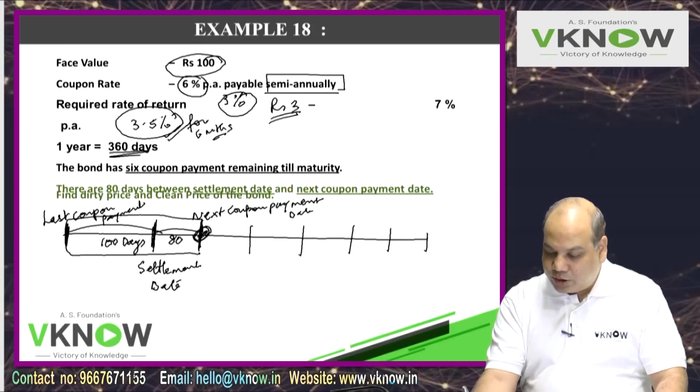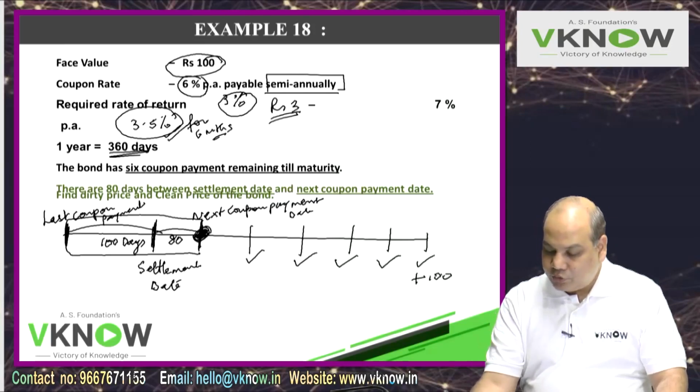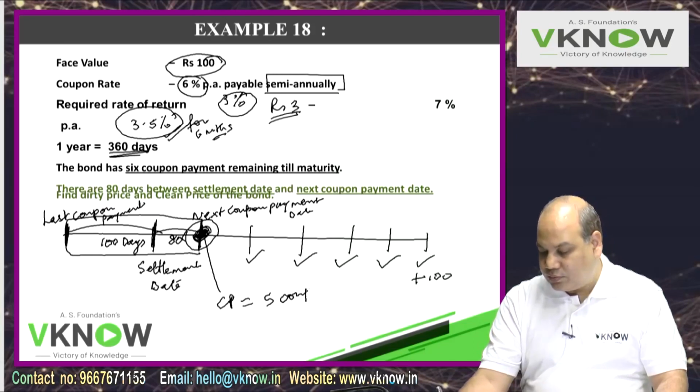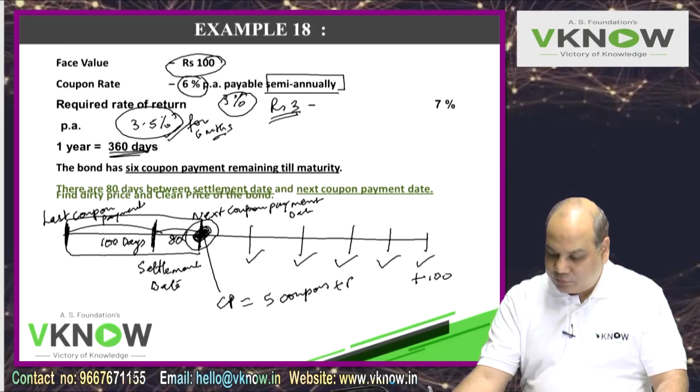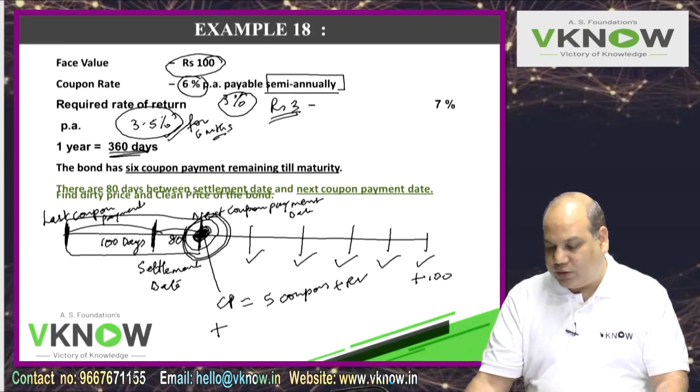From the next coupon date, if I see, there are 5 more coupon pending and plus redemption value 100. So to calculate the clean price here, I have to take 5 coupons plus redemption value, and then I will add the coupon, this coupon. Total 6 coupons are pending, including the next coupon date.